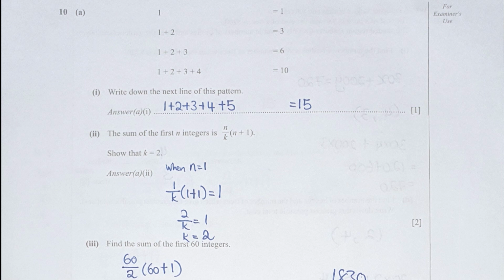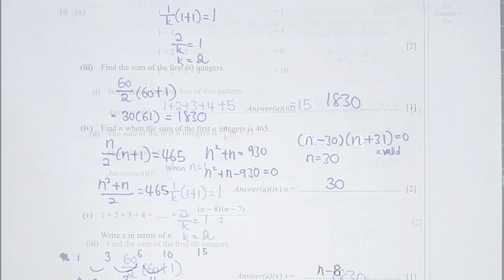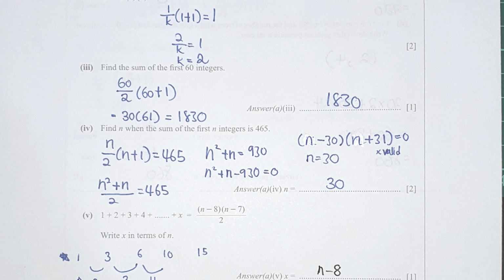If you were to use n equals 2, then your equal sign will give you 3. Find the sum of the first 60 integers. So 60 over 2 times 61, you will get 1830. Then find n such that the sum equals 465.